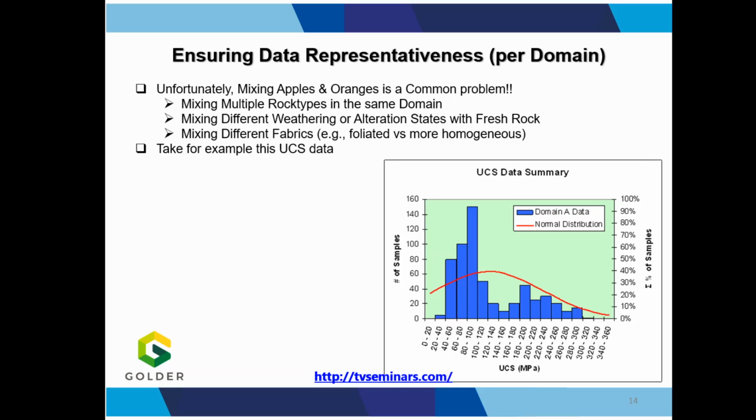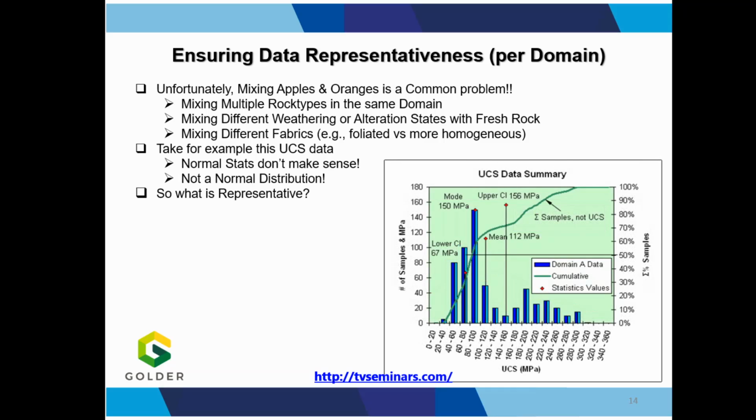Take, for example, this UCS data. Normal stats don't make sense. This isn't a normal distribution. So what is the representative stats and parameters that we should be using? The 95% confidence intervals on that normal distribution? Not really. The mean or the median?